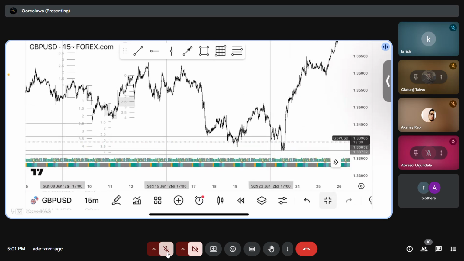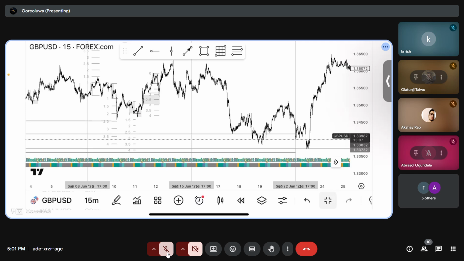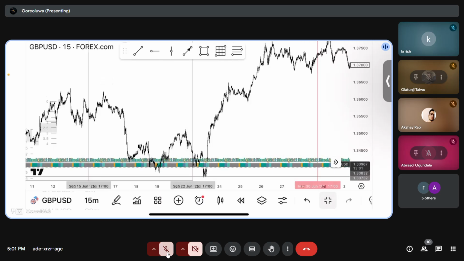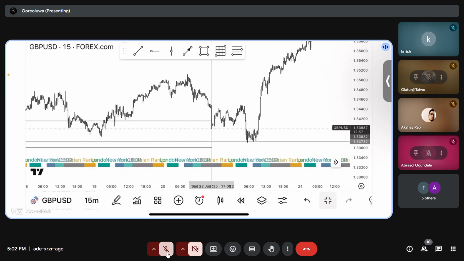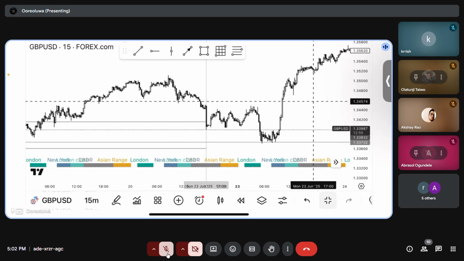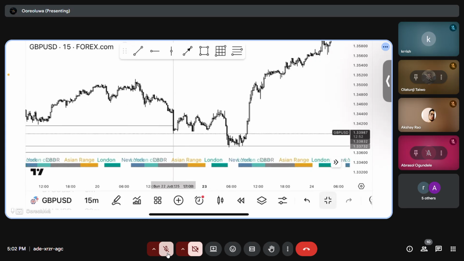So now your assignment is this third week, you go and check. This buy is one of the classic Monday buys. I took this buy too. Last month I was so crazy with GBP.